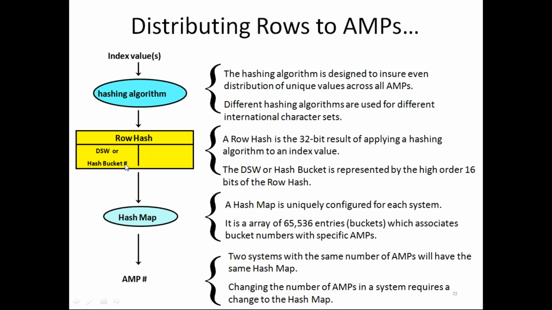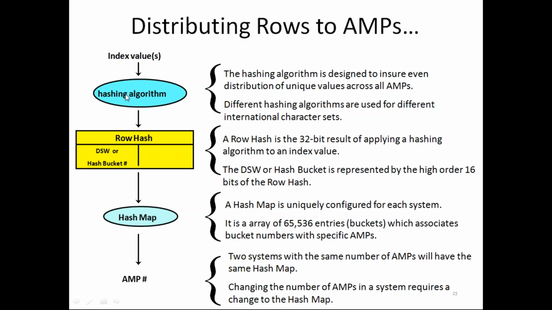This hash bucket number, HBN, is used to look up the hash map table, which is the static table, and this hash map table has the hash bucket values which determine the amp numbers, and from there it can determine in which amp this particular record is to be stored.